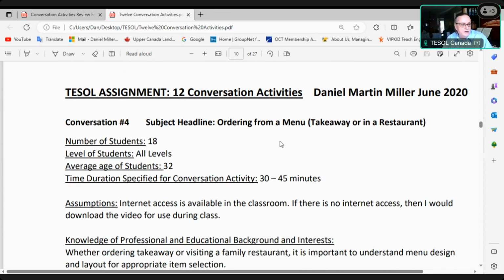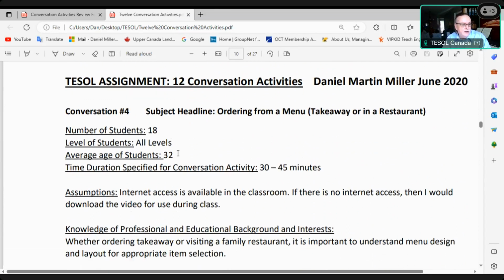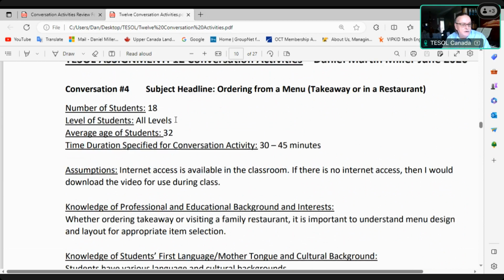So you see here in this instance, the topic is ordering from a menu, either takeaway or in a restaurant. Now I've said there are 18 students and they're from all levels of proficiency. So that's different than my other groups.